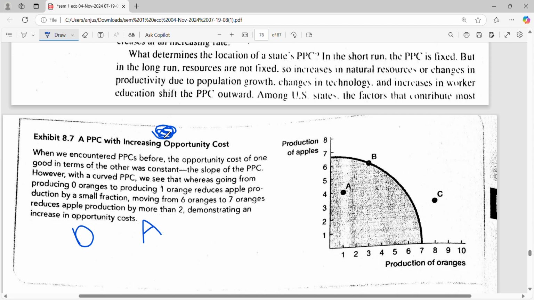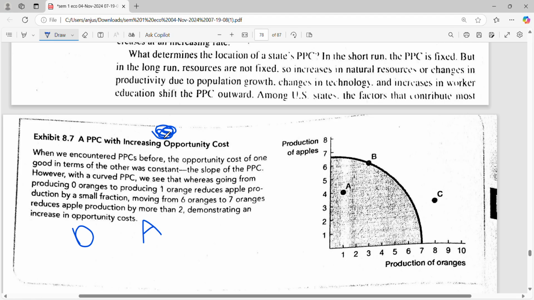That knowledge on the cultivation of orange cannot be used in the cultivation of apple. That is, the same amount of resource, the inputs, are better suited for the production of oranges but not apple.